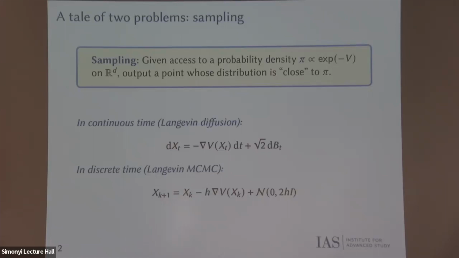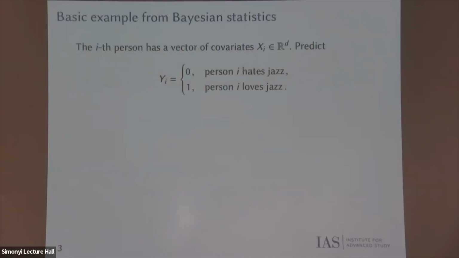Before I talk more about the sampling problem, I want to make this problem very concrete for you. Why do we want to solve this problem? Where does it come up in practice? Let me give you a textbook 101 example of how sampling helps us to do statistics. Here's a very basic stats problem.